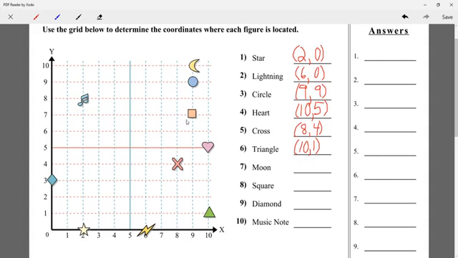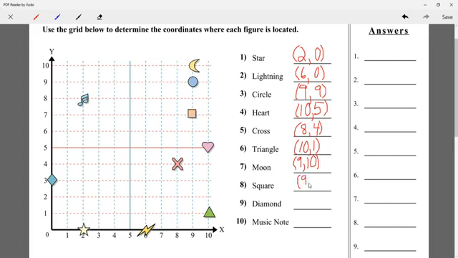So moon, it is at 9 on the x-axis and 10 on the y-axis. So it would be 9, 10. Okay, square is at 9 on the x-axis and 7 on the y-axis.